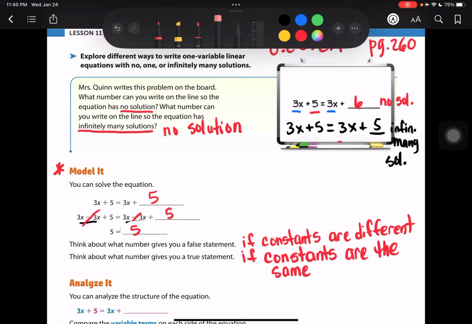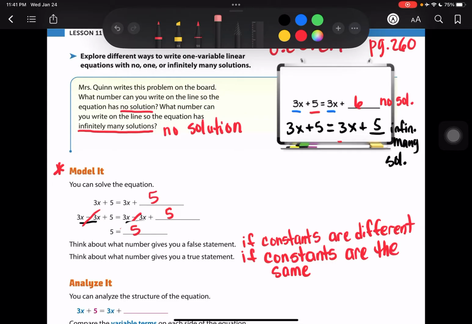Okay? So it's just solving it for infinitely many solutions, which means the constants must be the same. The variable terms must be the same. If the constants are different and the variable terms are the same, it's no solution. Okay?